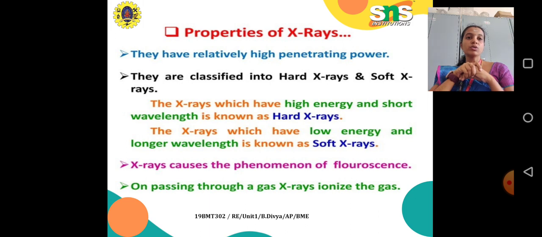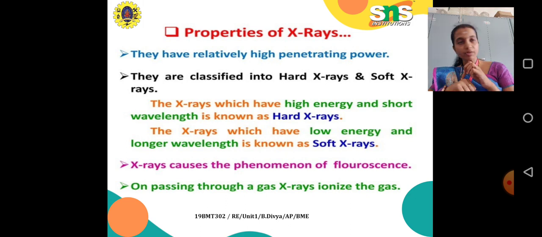The X-rays which have low energy and longer wavelength are known as soft X-rays. We can differentiate here that we have two types: hard X-rays and soft X-rays. Where are the soft X-rays used and where are the hard X-rays used?